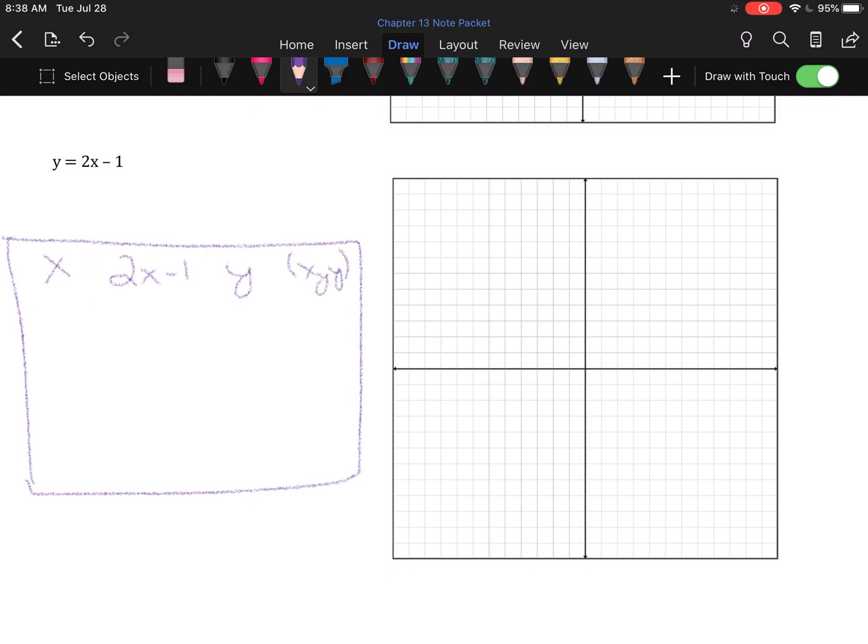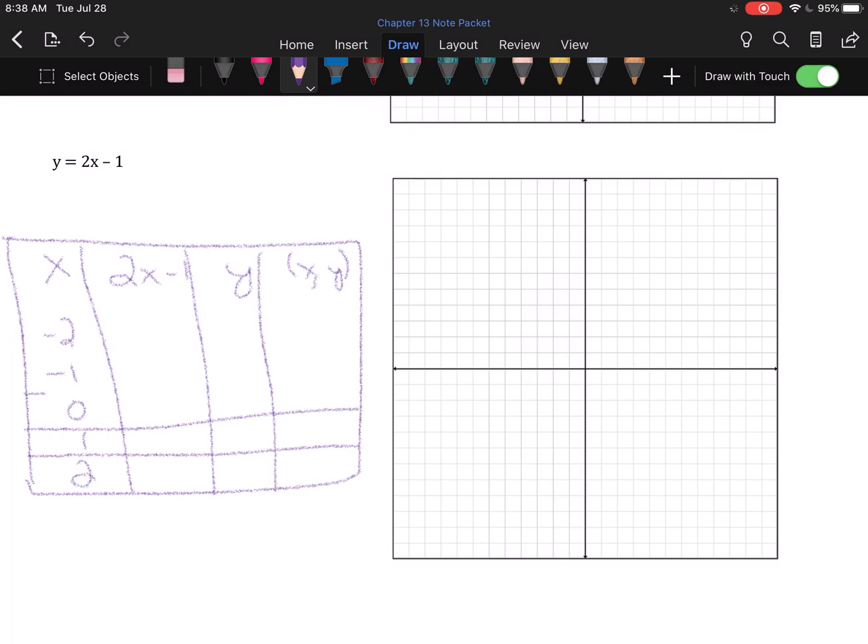Fourth column is always x comma y. And I'm going to use -2, -1, 0, 1, and 2 as my values again. There's no reason not to.